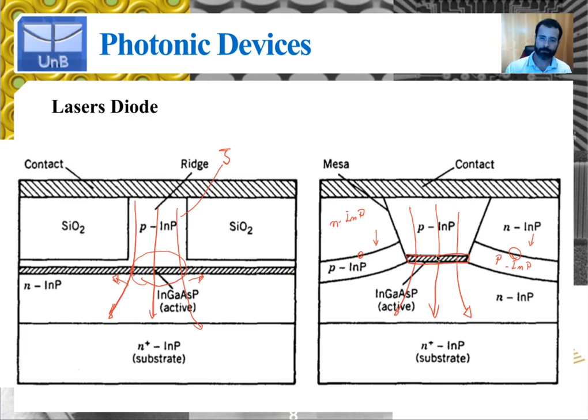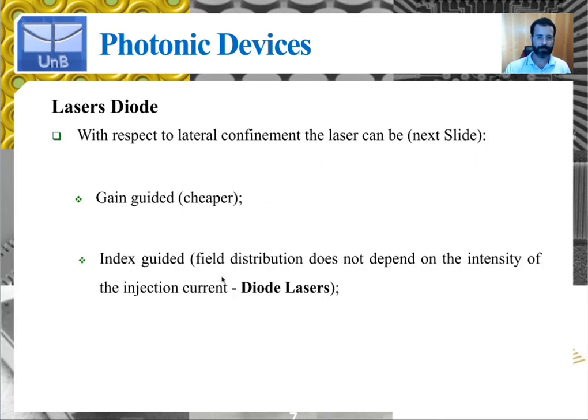But again, at the expense of a device which has a much larger fabrication effort, clearly. So this is index guided and this is a gain guided device, right?